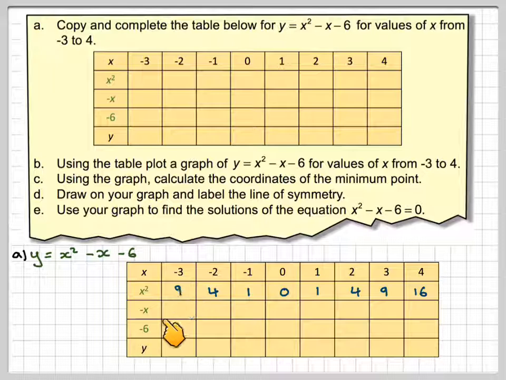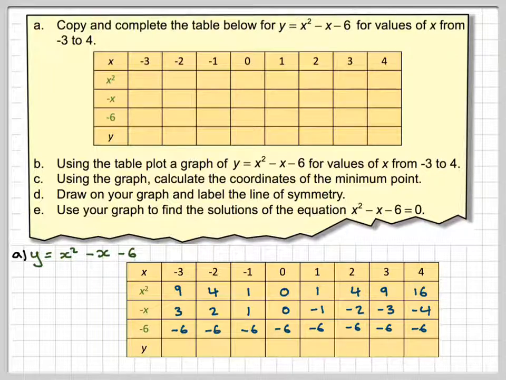Then we've got to do minus x, so minus minus 3 is 3, minus minus 2 is 2, minus minus 1 is 1, minus 0 is 0, and then this becomes minus 1, minus 2, minus 3, and minus 4. Here it just says minus 6, so everywhere along here we just write in minus 6.